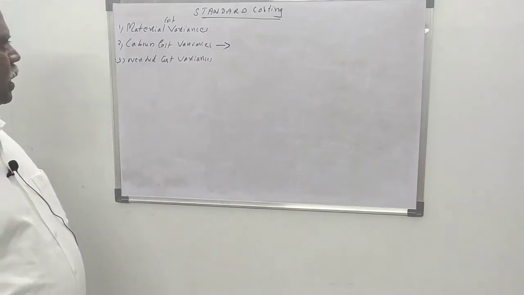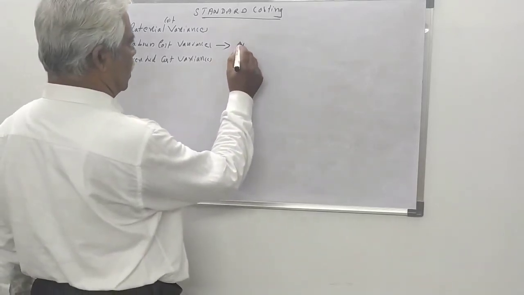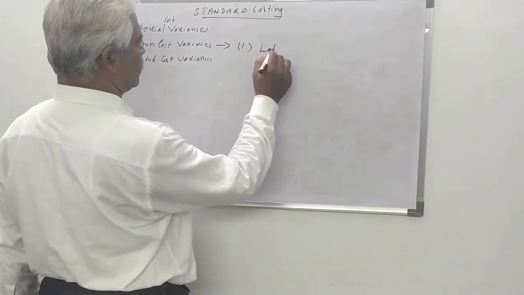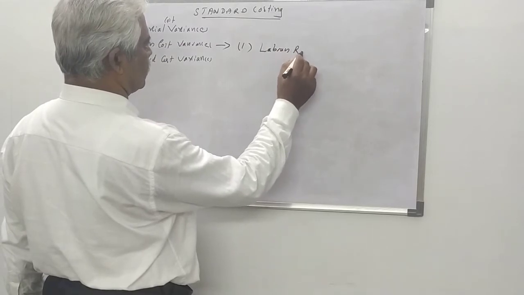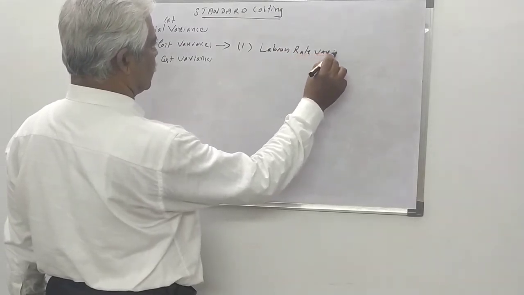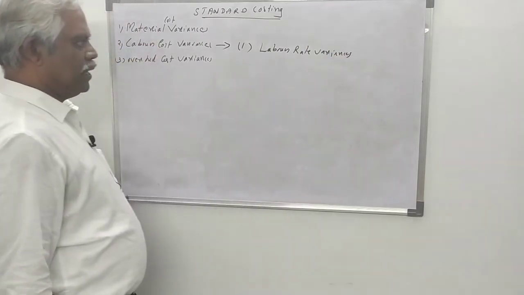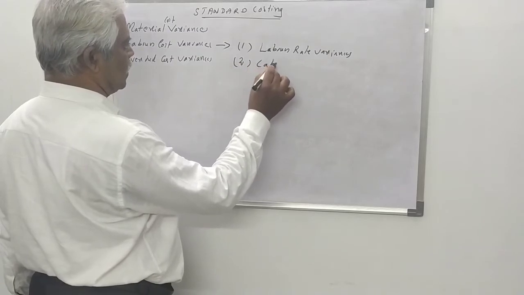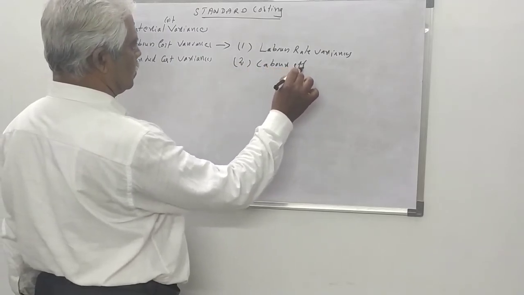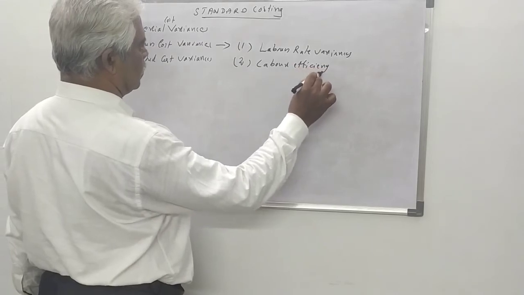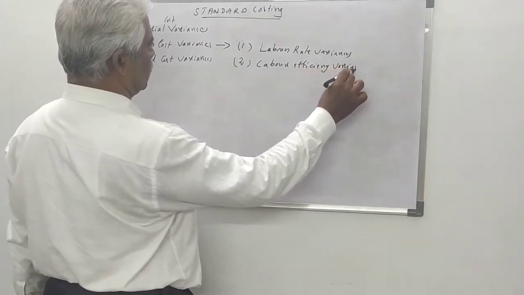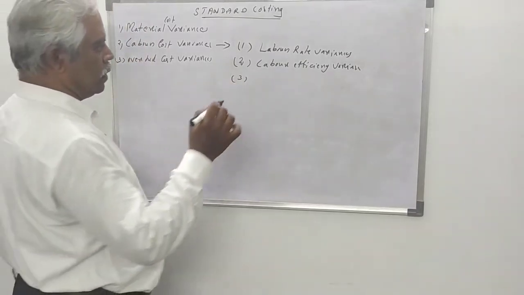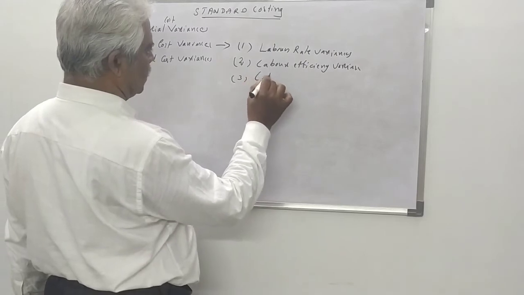Labor cost variance comprises: first, labor rate variance. Second, labor efficiency variance. Third, idle variance, labor idle variance.